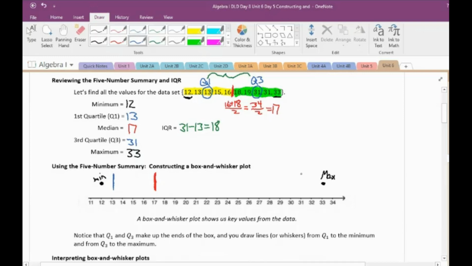So there is 31. Now, the reason why I drew this way is because we need to actually make the box and the whiskers. So the box actually connects these values.